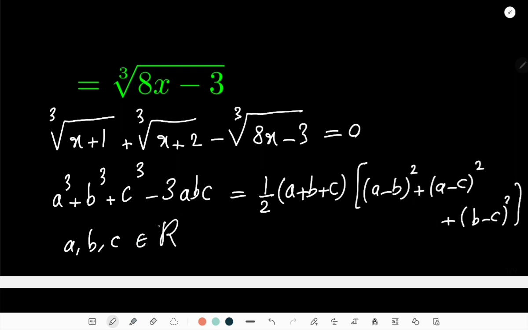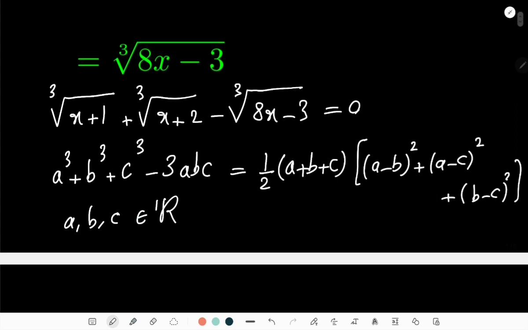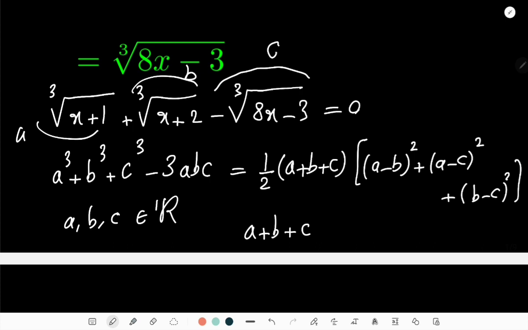So if I put a equivalent to the first term and b equivalent to the second term and minus cubic root of 8x minus 3 equivalent to c, then I can see that a plus b plus c, so let me take this as a, take this as b, and take this with the minus, by the way, as c, is apparently, according to this equation, equal to 0.